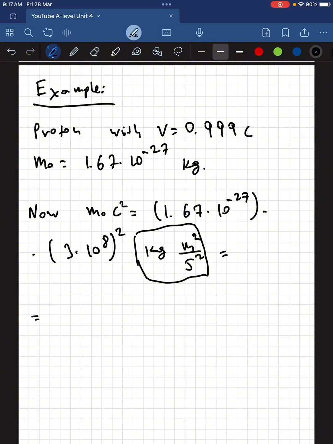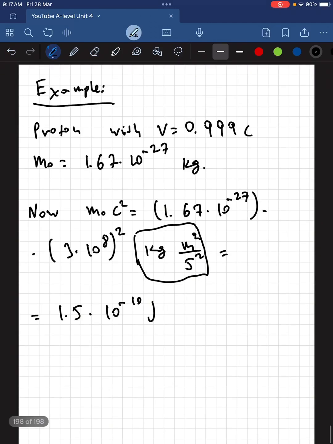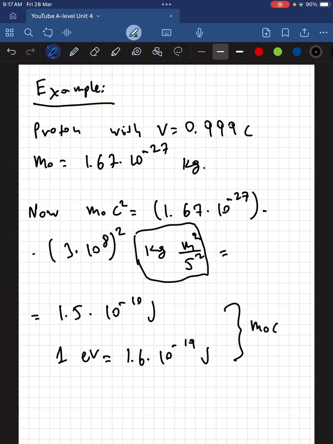So this gives me 1.5 times 10 to the negative 10 joules, and since 1 electron volt is 1.6 times 10 to the negative 19 joules, we find that m naught c squared is 939.4 MeVs for a proton.